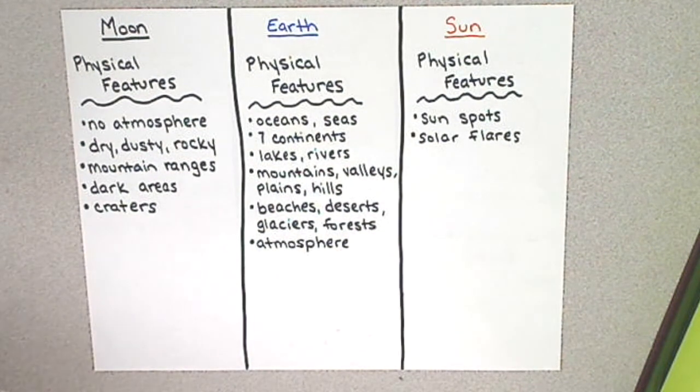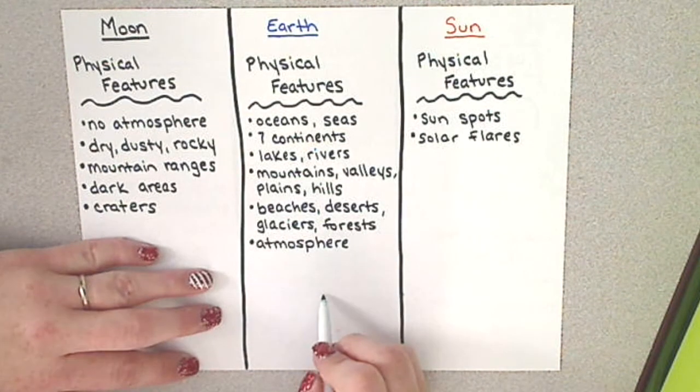Okay, so one quick last thing is that I want you to have an understanding of the axis for the sun and for the Earth, because the axis is what the celestial body rotates on. It rotates on its axis.